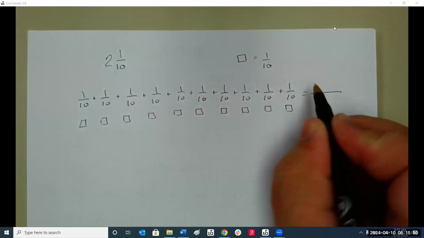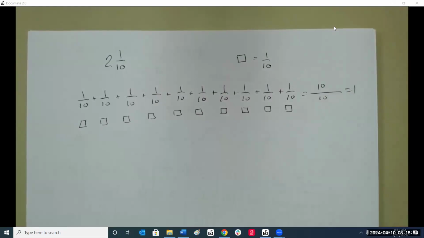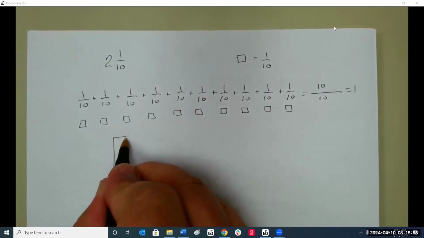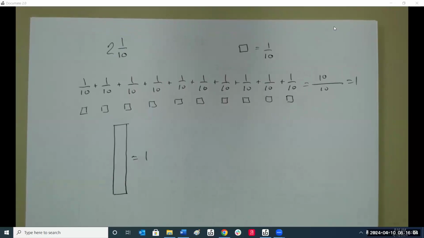Right, because we count all the top ones, we get 10 over 10, which is equal to 1. So 1 stack like this would equal a 1.